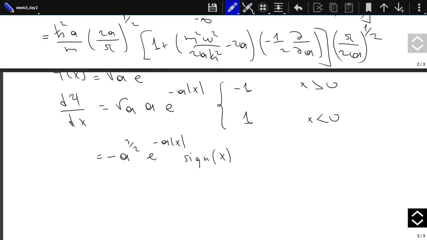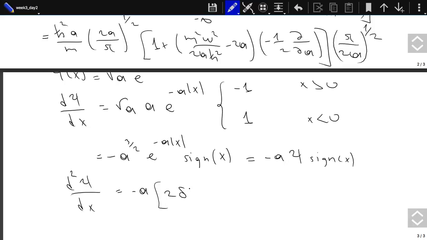Now we need to take the second derivative. Let's also write it as minus a psi times signum of x. Now the second derivative of psi is minus a times the derivative of the signum function, which is twice the Dirac delta of x.